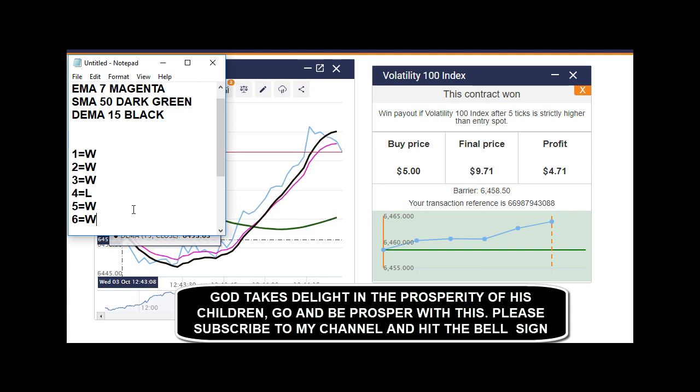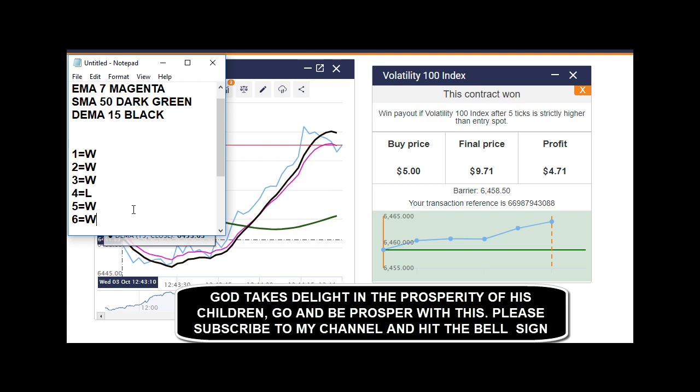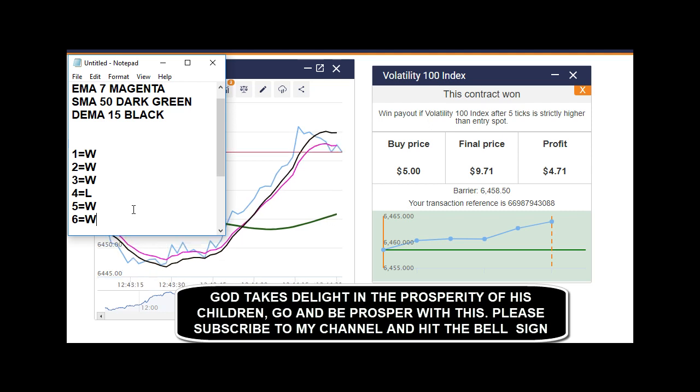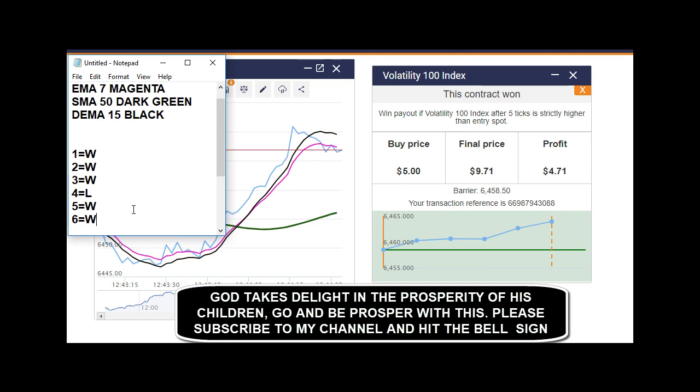But the income is 100%. Never lost any. But if you like, you might not even use martingale in this.